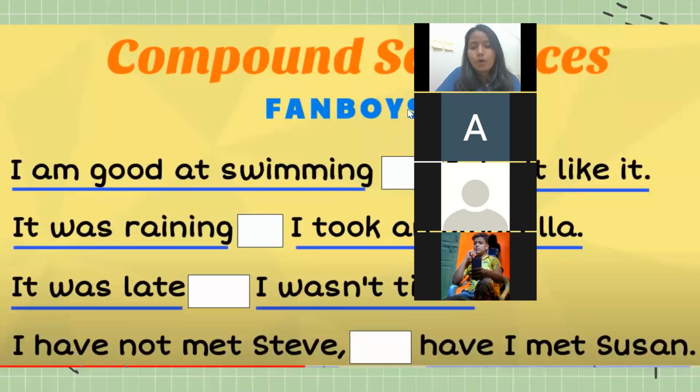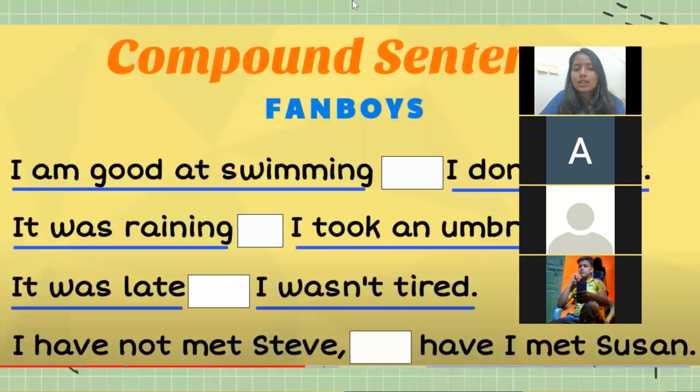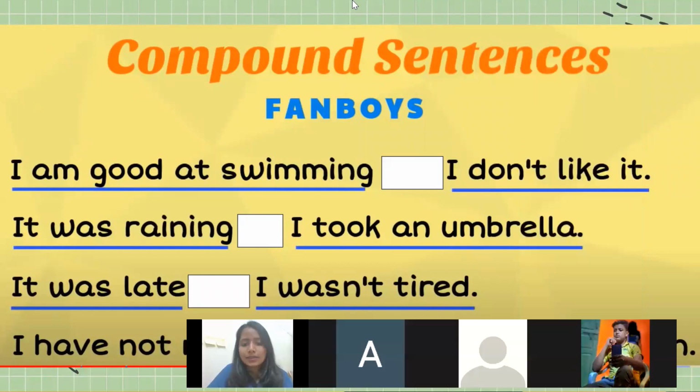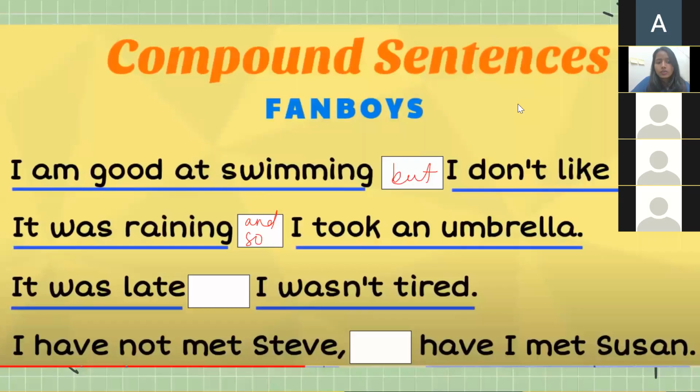Let's do 4 examples here. On the chat box, I want you to answer the first one. I am good at swimming. I don't like it. Both these sentences are complete sentences. Both are independent clauses. So the first one is "but".